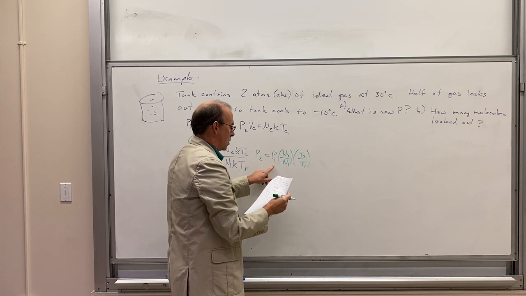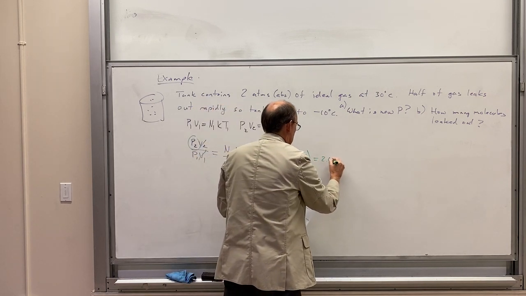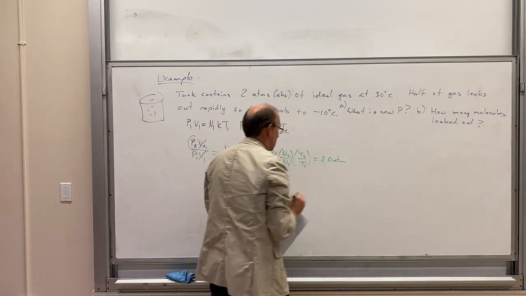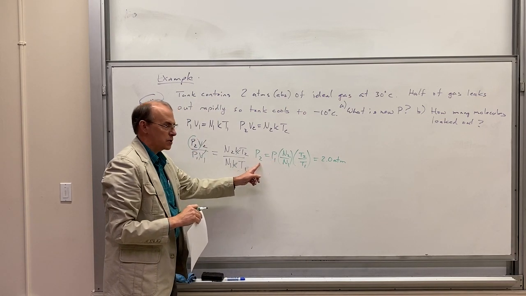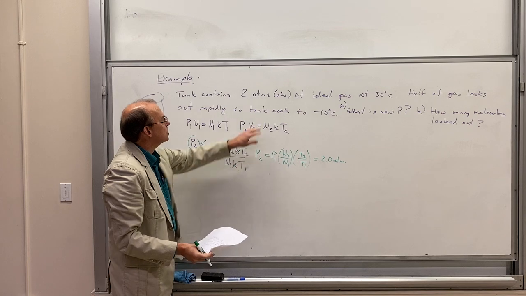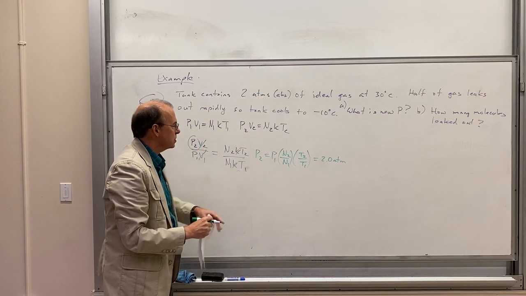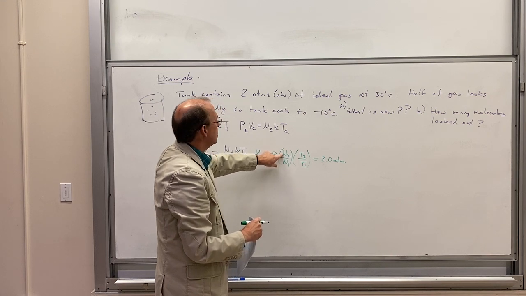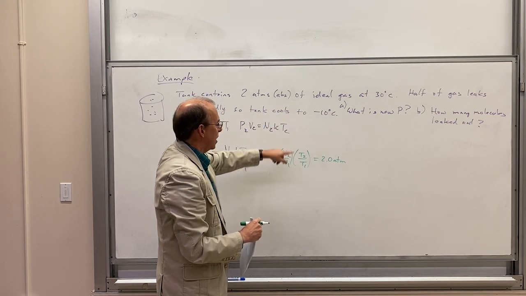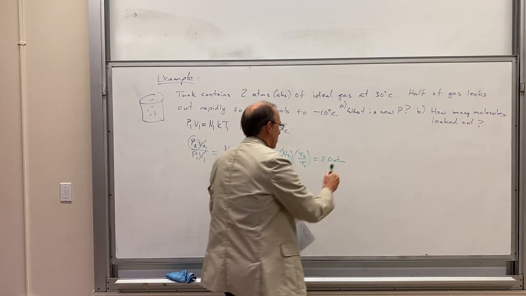So P1 was 2 atmospheres. That unit works perfectly fine now. For the atmospheres there, I'll get atmospheres there, provided it's absolute, and I did say it was absolute pressure. N2 over N1: well, since half of the gas leaked out, N2 was half of what N1 was.